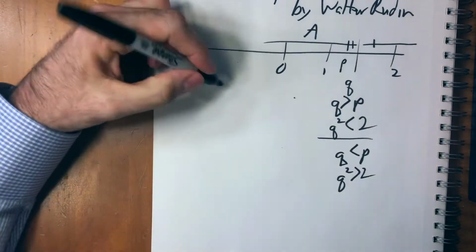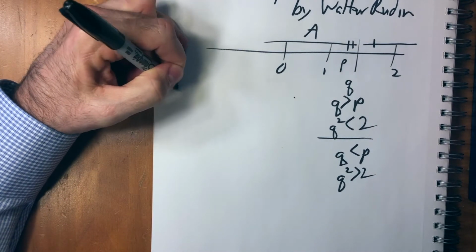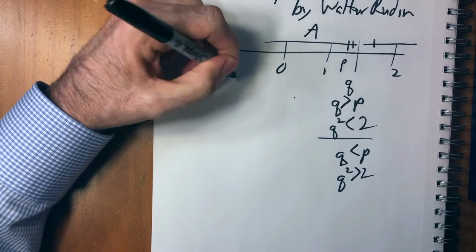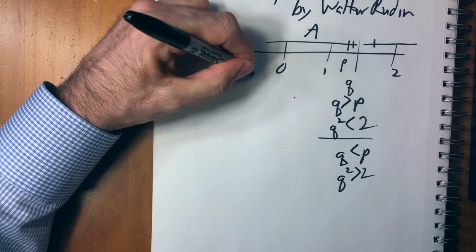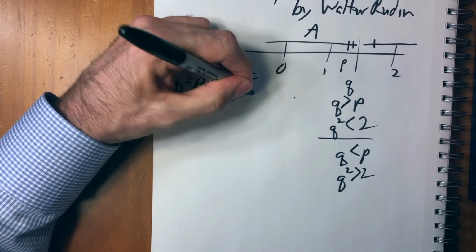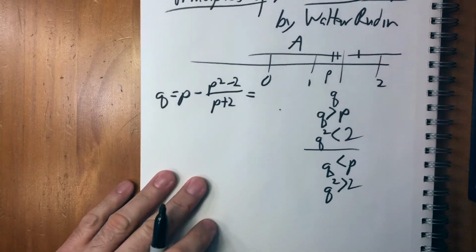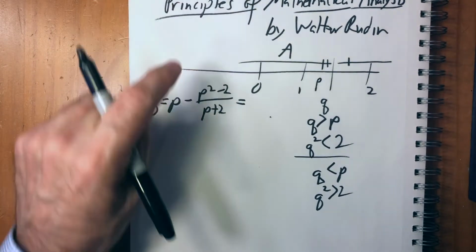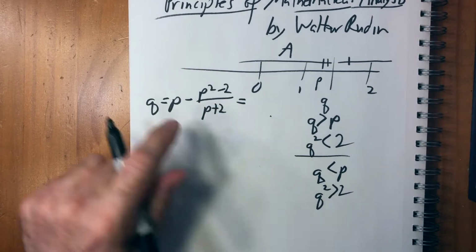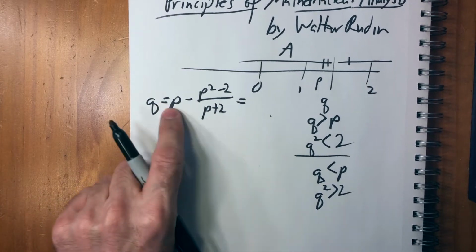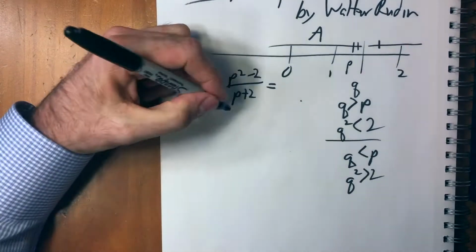Okay, so I think I can do it here. Whatever p you give me, we make q equal to p minus (p squared minus 2) over (p plus 2). I'll just do the math real quick. We have to find a common denominator.